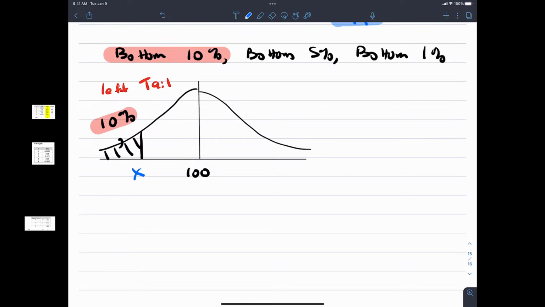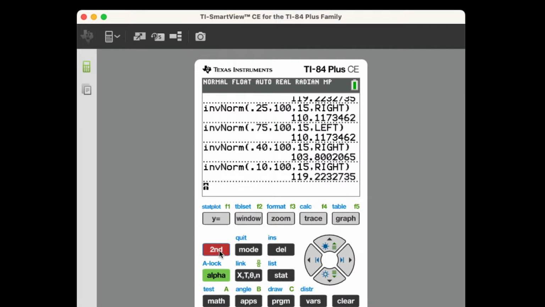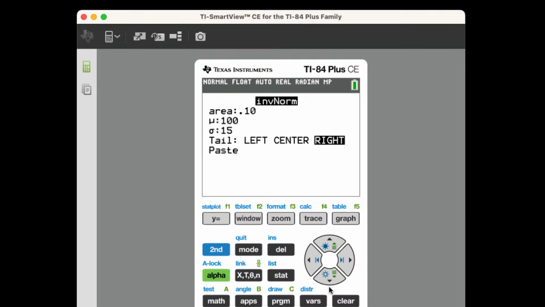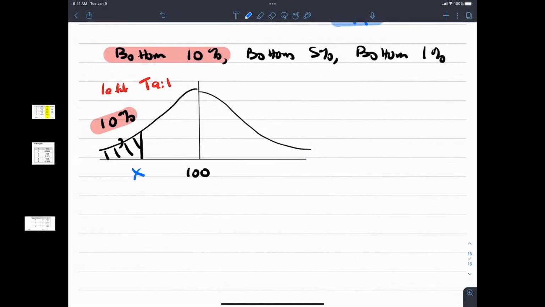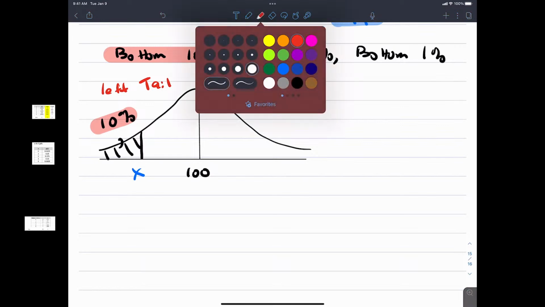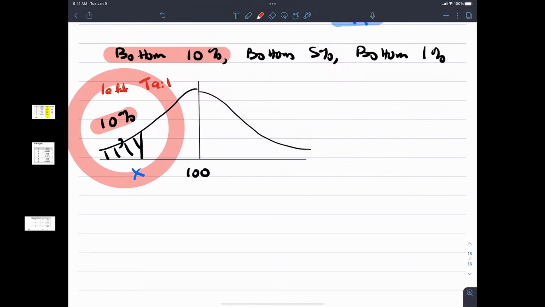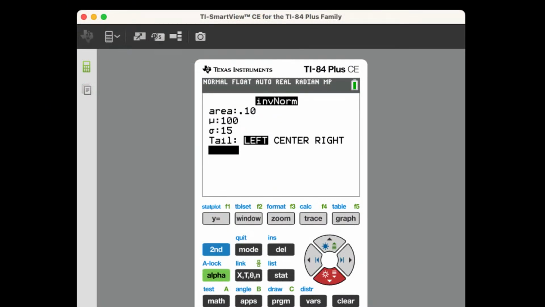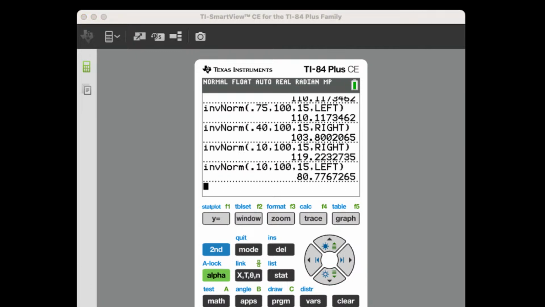Second distribution, you use inverse norm. Remember that? And it's already on 10%. But what kind of tail is this? It's not a right tail. It's a left tail, because you're talking bottom 10%. So in the TI, you hit that left. And what do you get? What's your value? 81.